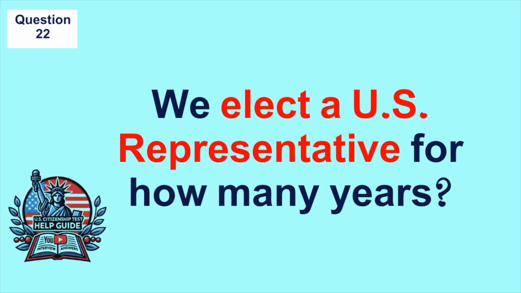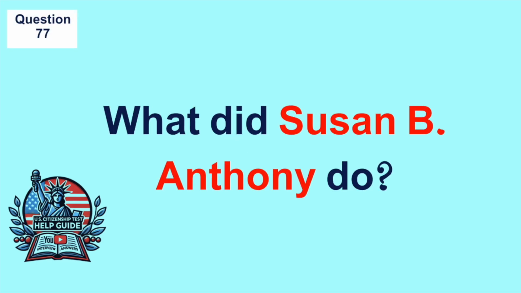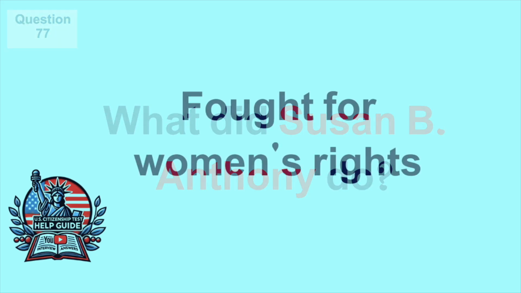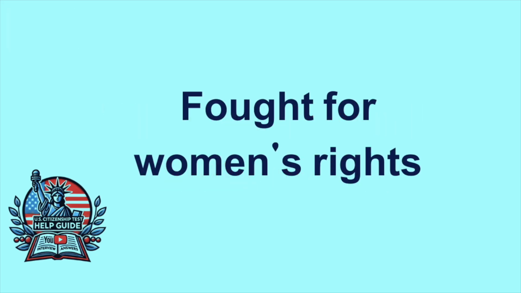We elect a U.S. representative for how many years? 2. What did Susan B. Anthony do? Fought for women's rights.